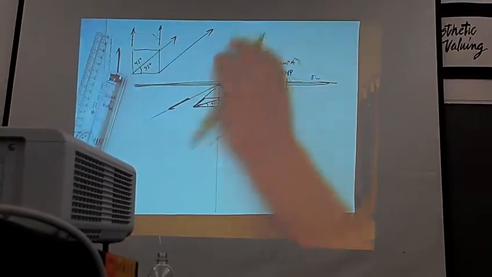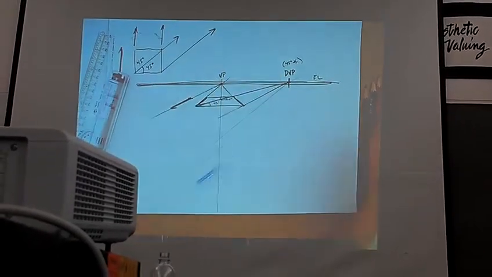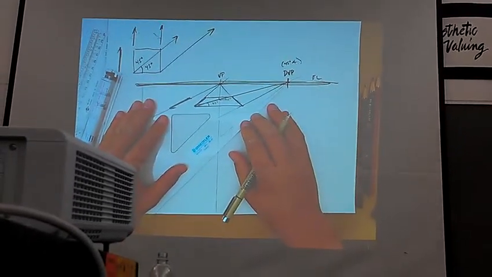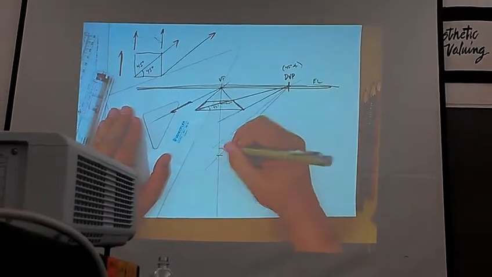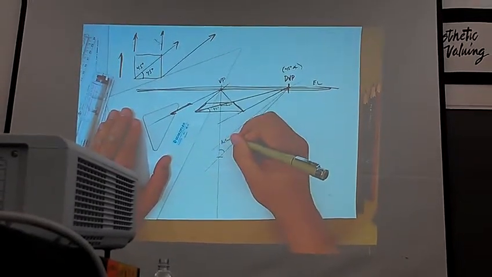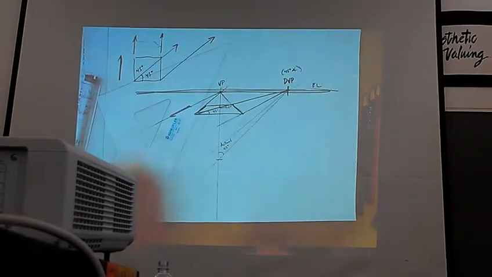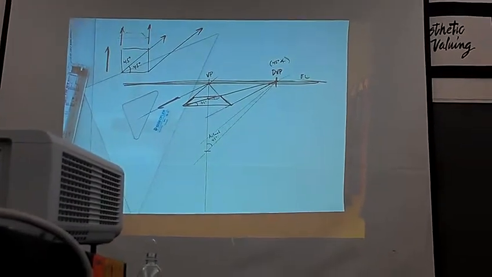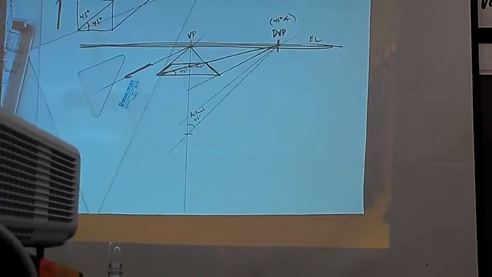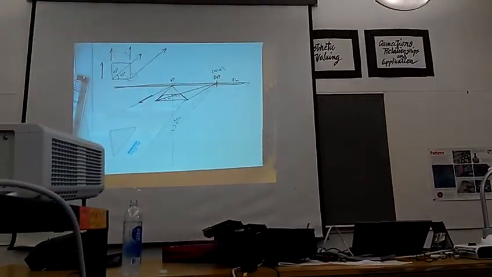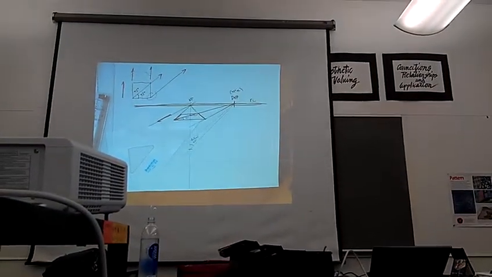And there comes a point where it's actually a 45-degree angle. Now let me ask you something. Where is the only place that can be true? Yeah, it's where the viewer's standing.